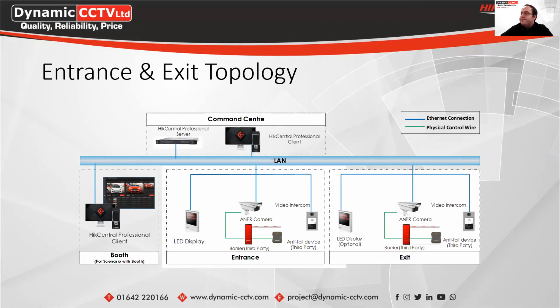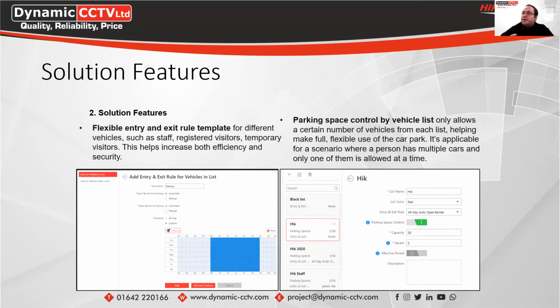for the unit. So within the actual entrance and exit rules for the vehicles, for the barriers themselves, you can have it set so the barriers are only operational or automatically opened depending on the vehicle during specific hours, and then at night time you can have it so the barriers don't open on the system.